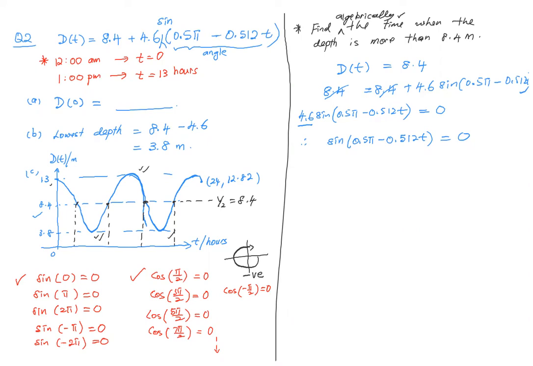Okay, so for this case, first of all, I can assume this angle is equal to 0, correct? So I put 0.5 pi minus 0.512t equal to 0. Okay, so this is my first angle. Can you take out your calculator and start to find the t?